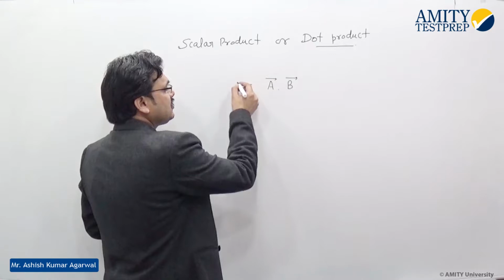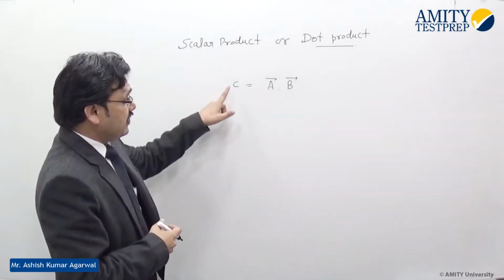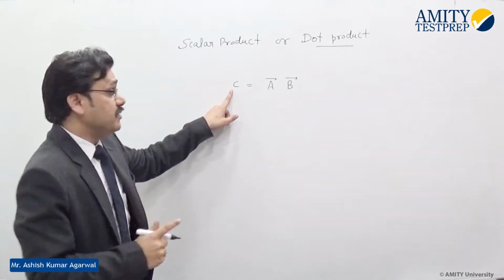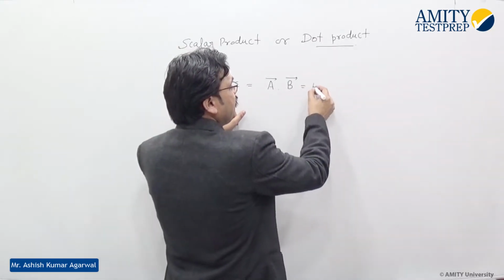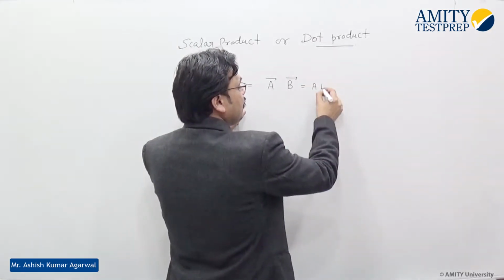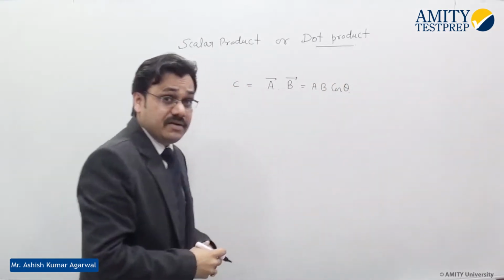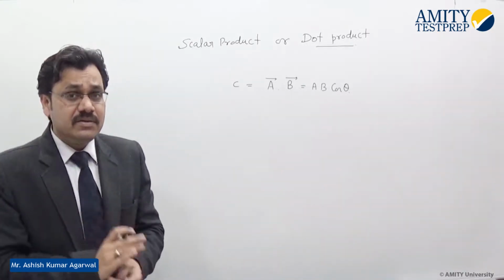Let this quantity be C. See, here I am not putting an arrow over C, it means it is a scalar quantity. And as we discussed, the formula for A dot B equals magnitude of A, magnitude of B, and cos theta. What is theta here? Theta is the angle between vector A and vector B.